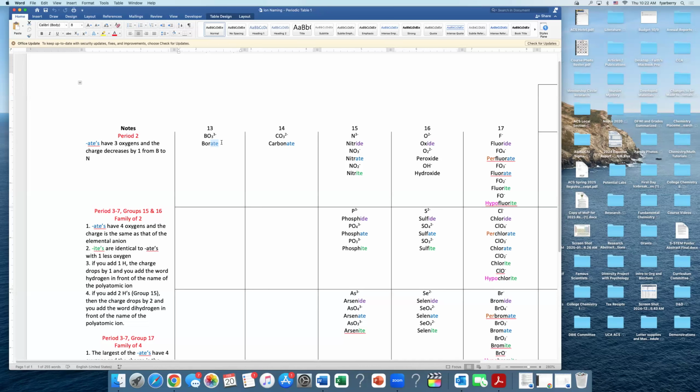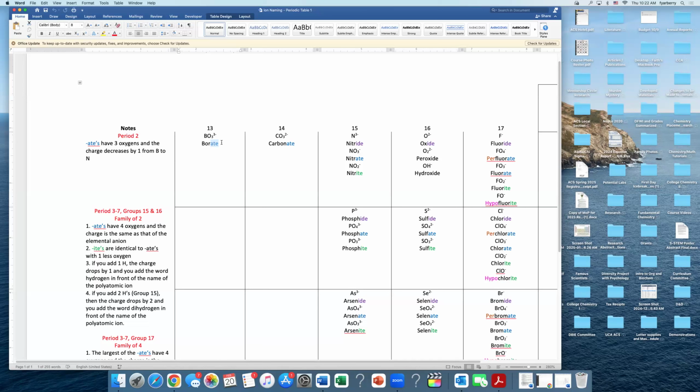Specifically, if you see ATE or ITE, it's a polyatomic ion of that element and oxygen.